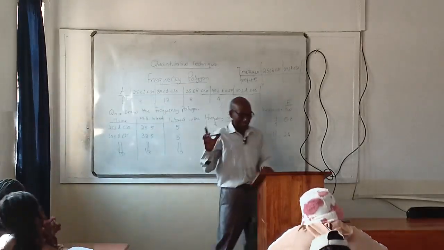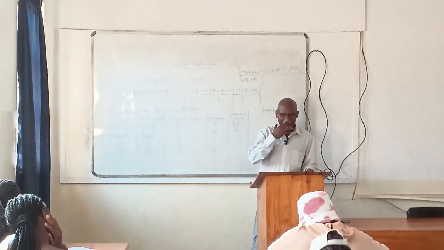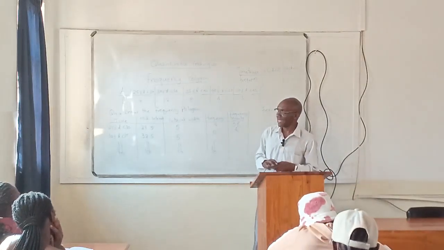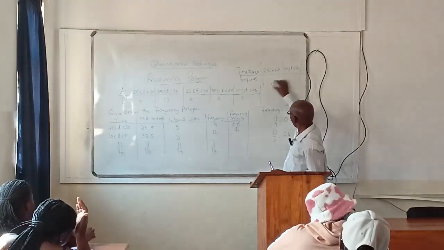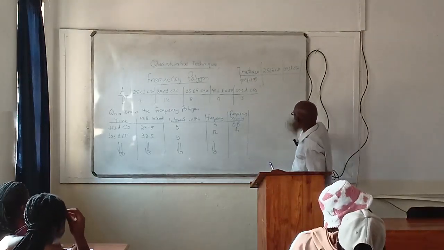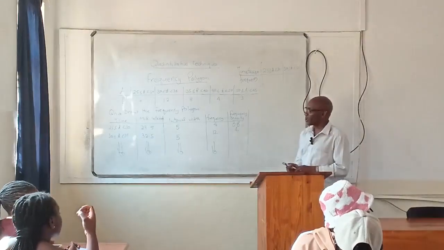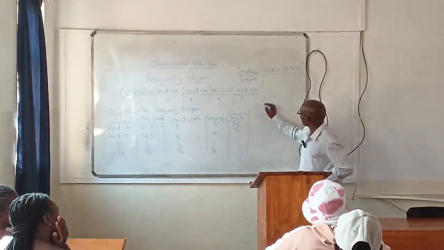Then having completed the table, the next thing is now we need to draw the frequency polygon, right? Let's draw the frequency polygon. I will draw the frequency polygon here. The way you draw it, you do something like this.